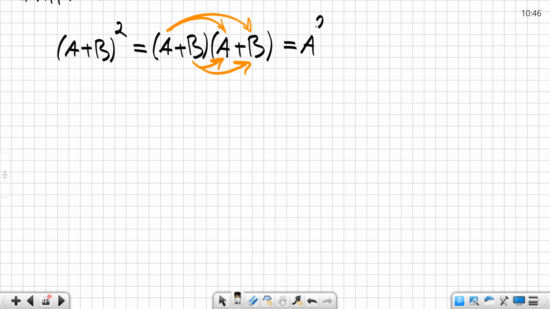The product of the first is a times a, which is a squared, plus the product of the outer is a times b. The product of the inner is b times a, but multiplication is commutative. That means it is the same thing as a times b. And the product of the last is b squared.